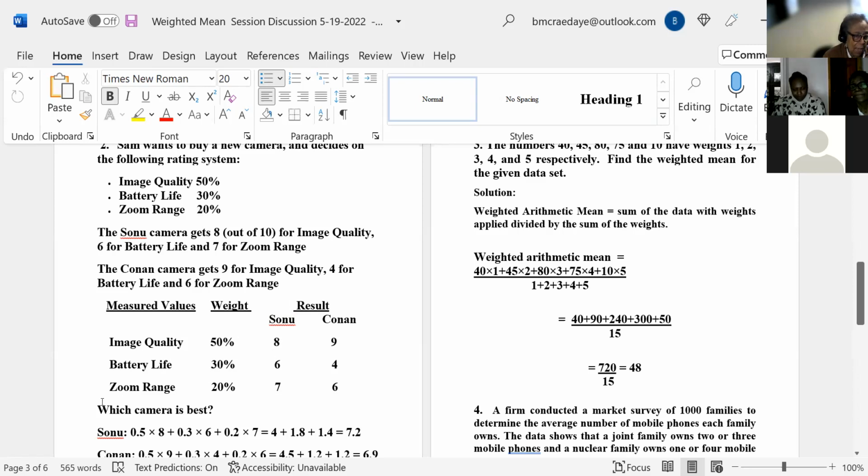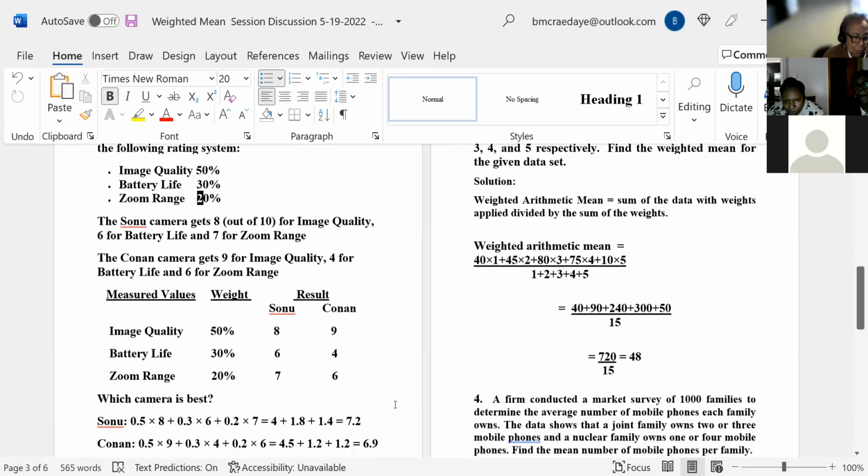For the zoom range, it's 0.2 times 7. Is that clear for the Sony camera, what we did? 0.5 times 8, 0.3 times 6, 0.2 times 7 adds up to 7.2.